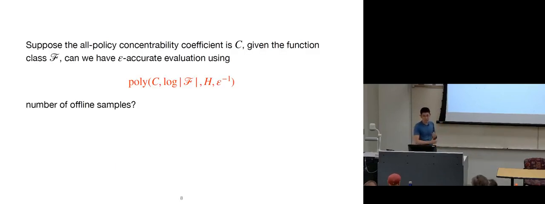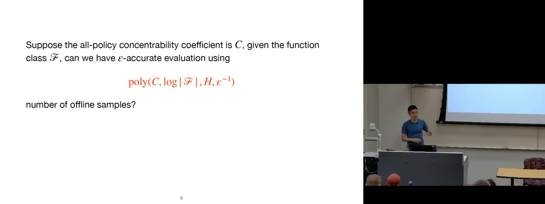And we will ask the following questions. Suppose that we have this concentrability coefficient and a given function class F. Can we have an absolutely accurate evaluation using a polynomial number of offline samples? Here, absolutely accurate means in the L1 sense, that is, the expected absolute difference between the true value function and the approximate value function.